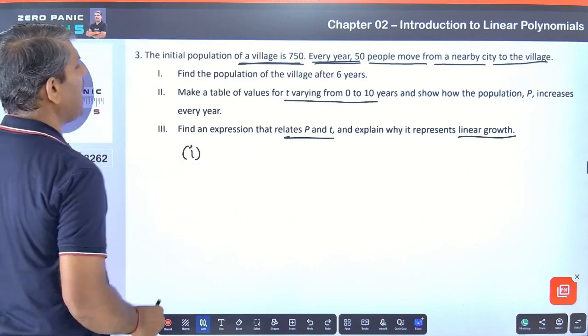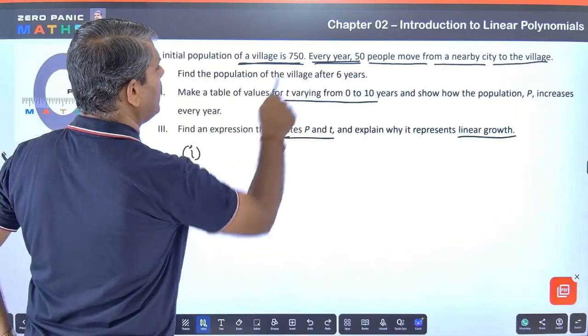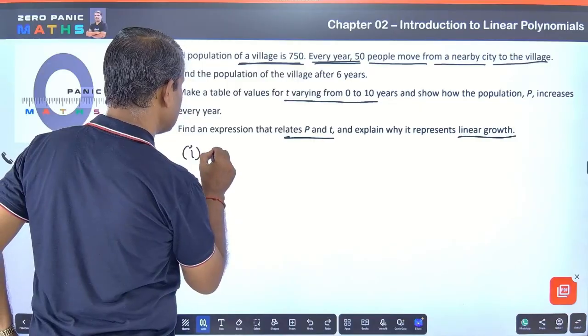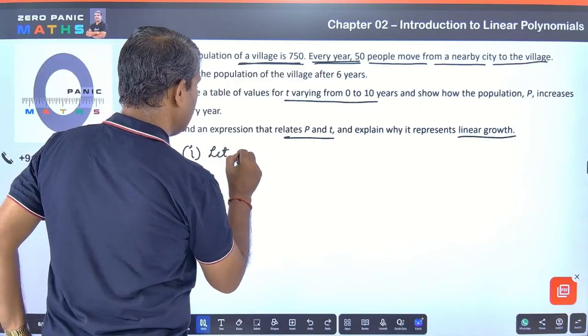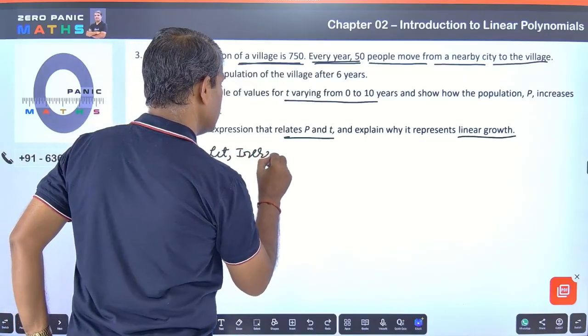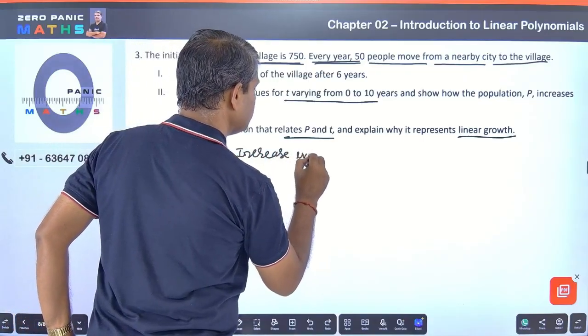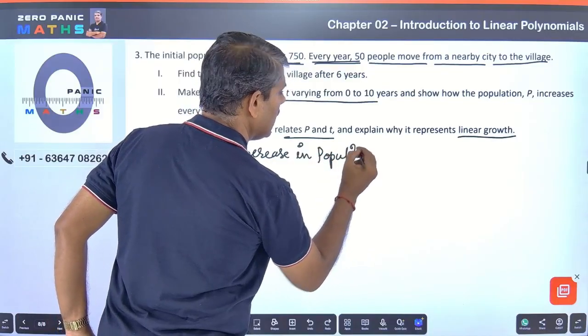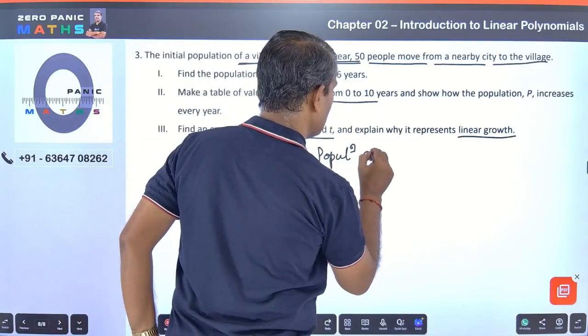So the first part is, as usual, find the population of the village after 6 years. I can say, let the increase in population after 6 years be found.